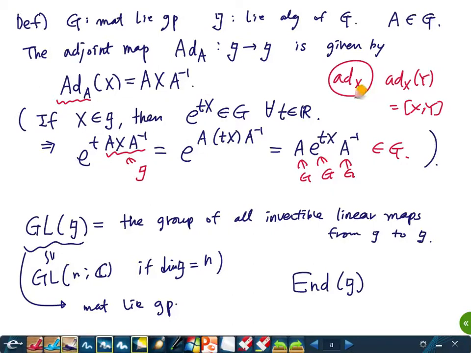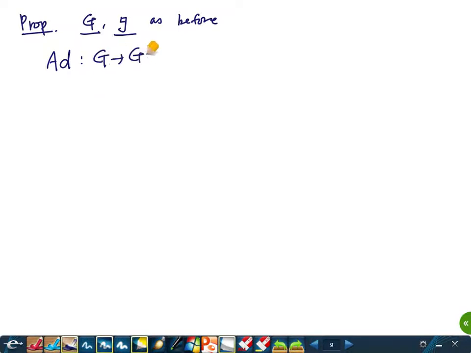And this is not a Lie algebra homomorphism, but this one, let's see, G and 𝔤 as before, meaning matrix Lie group and its corresponding Lie algebra, and Ad is a map from G to GL(𝔤).